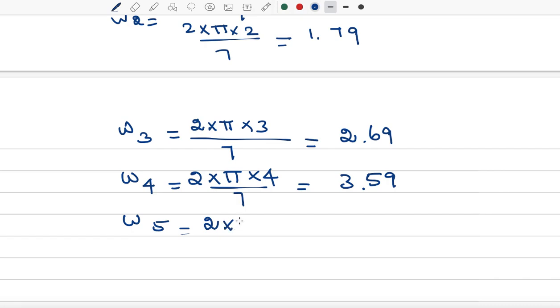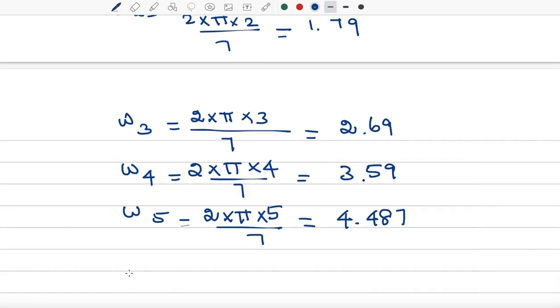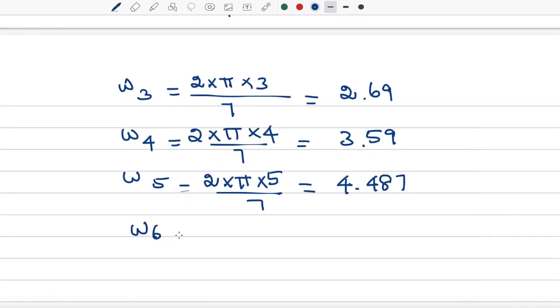Formula 2 into pi into k, k equal to 5 by 7. So you will get 4.487. And omega 6 equal to 2 pi into 6 by 7, that is 5.385. So these are all the samples.